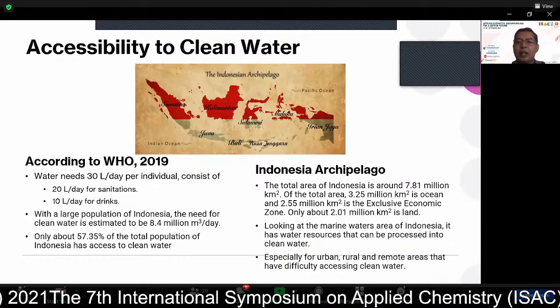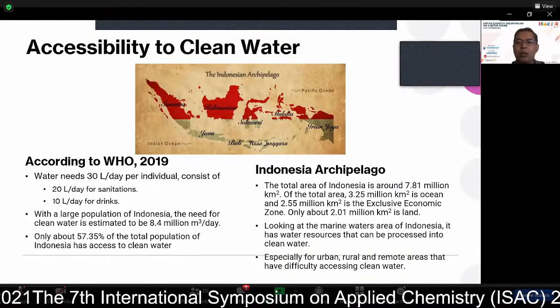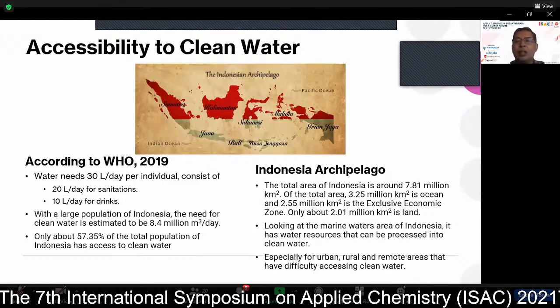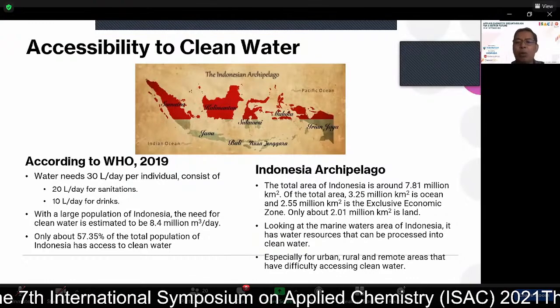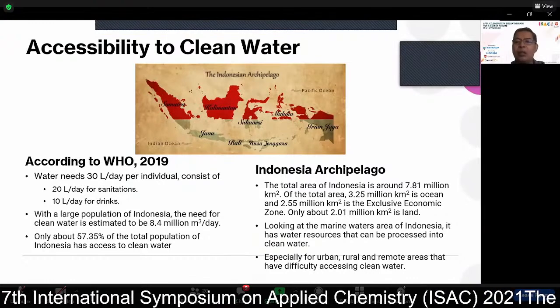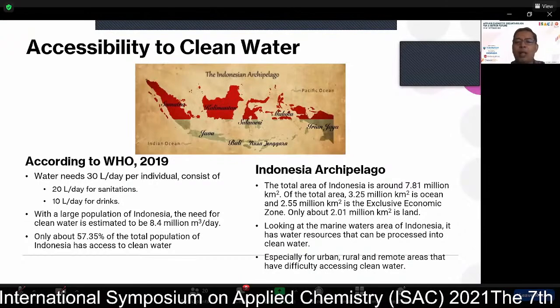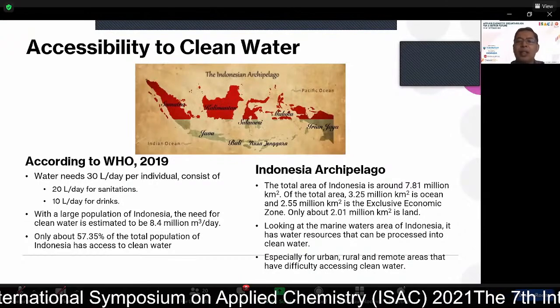Indonesia is an archipelago. Looking at the marine waters of Indonesia, it has water resources that can be processed into clean water, especially for urban, rural, and remote areas that have difficulty accessing clean water.